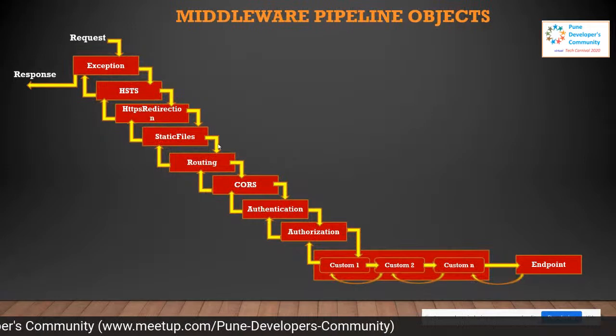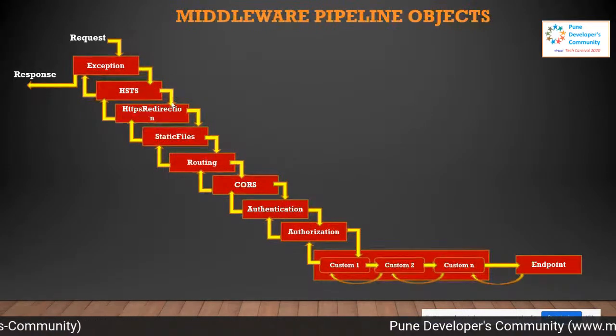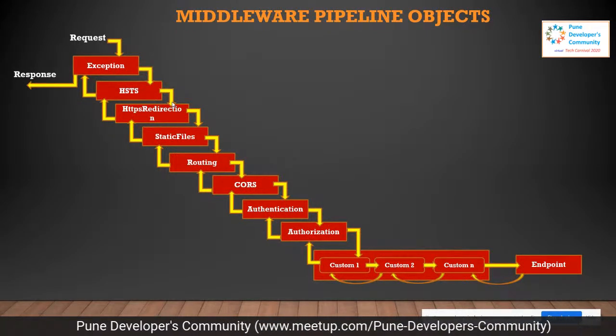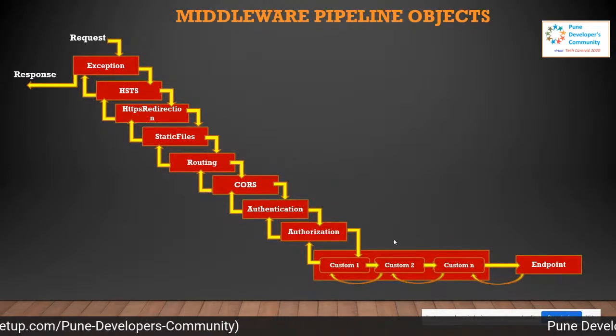If that method is successfully executed, the next middleware in the pipeline will be executed, and then it will proceed with the request processing.